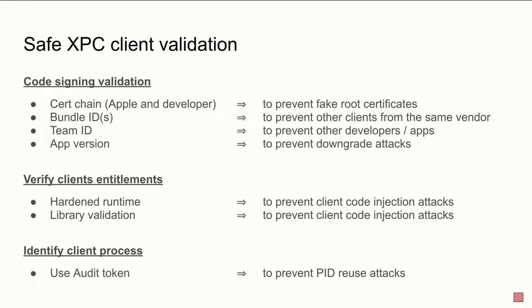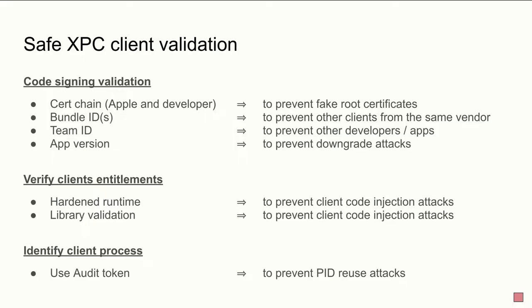So let's see what's needed to make an actual secure XPC client validation. If we miss any of these points, then it's usually open for abuse. First of all, we need to check if the connecting client is signed by a certificate which was issued by Apple, so it's a valid developer certificate.